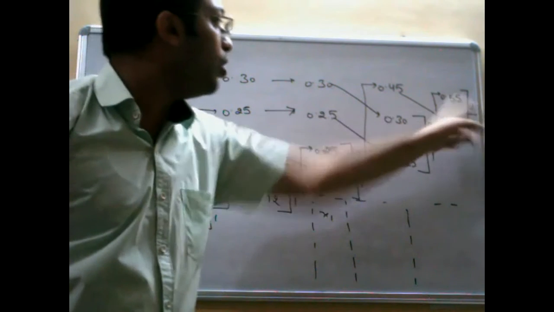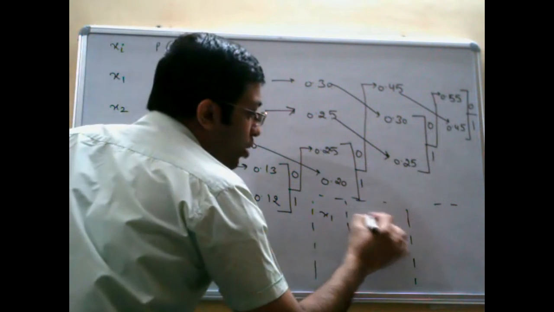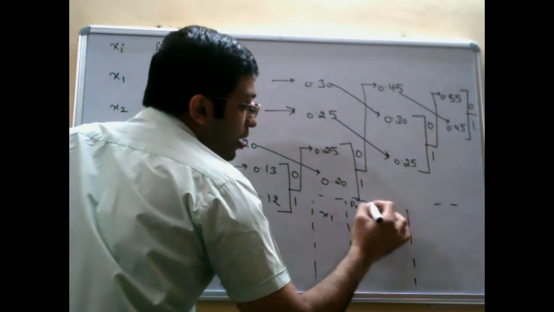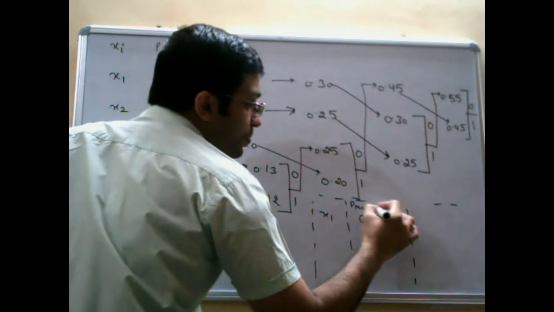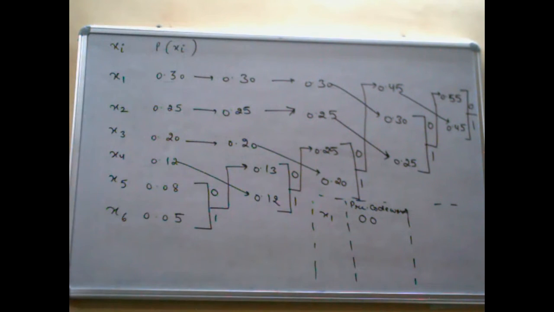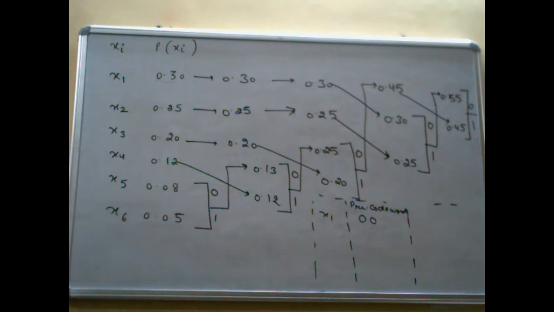So 0 and 0, 2 zeros are encountered. So x1 will be assigned 00 code word. This is the preliminary code word or the temporary code word. Is it clear to you? How do we assign x1 as 00?